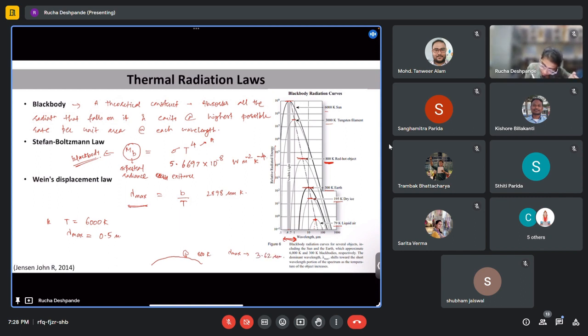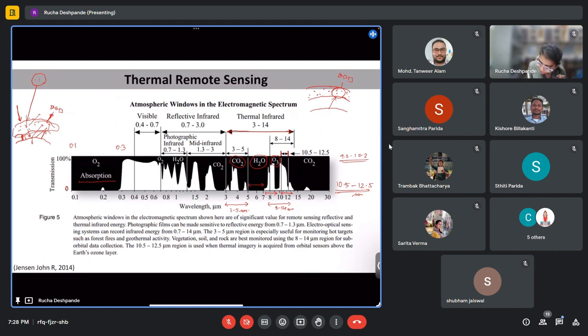So we would design our sensor to work in that wavelength range. If we look at this atmospheric window, it would be between this 3 to 5, right? So that is why we need to know about lambda max.